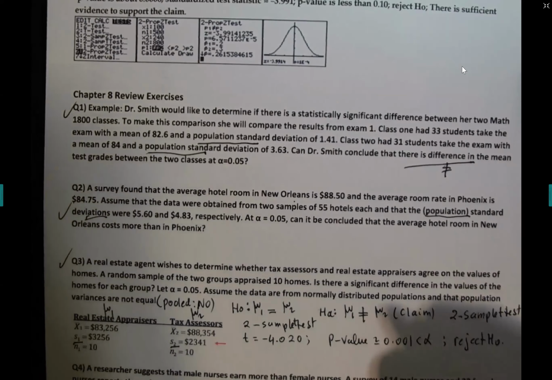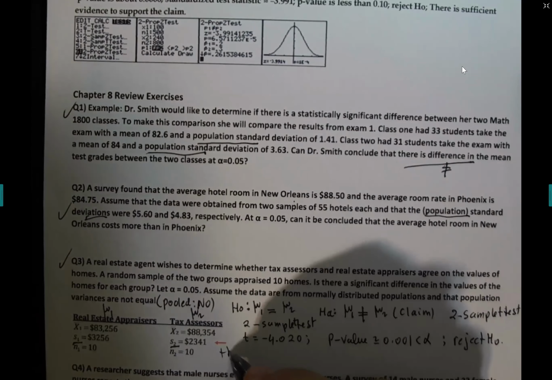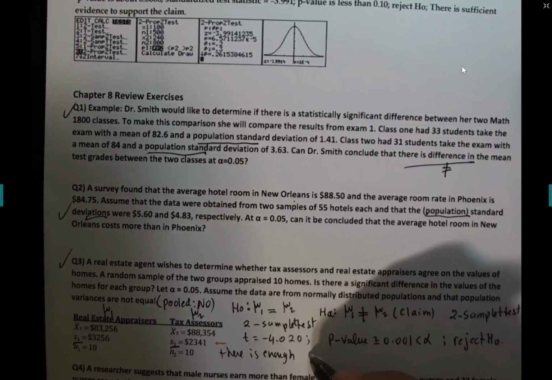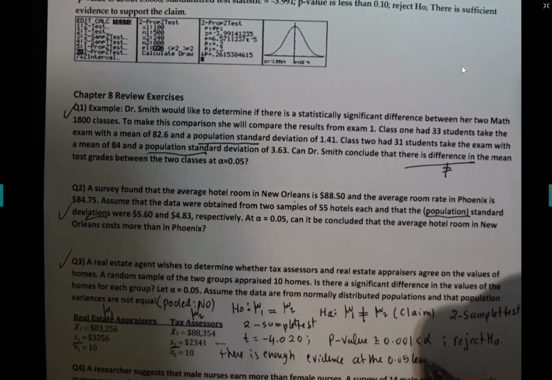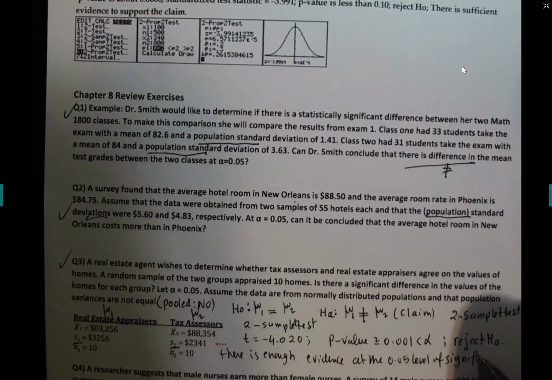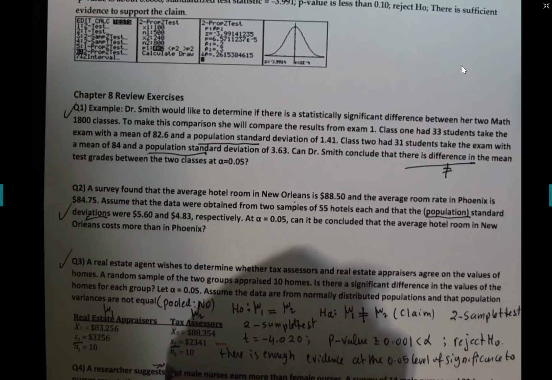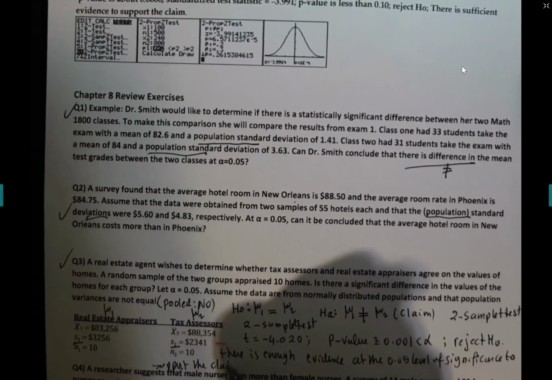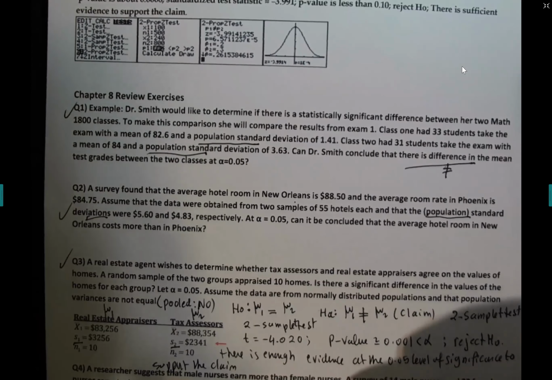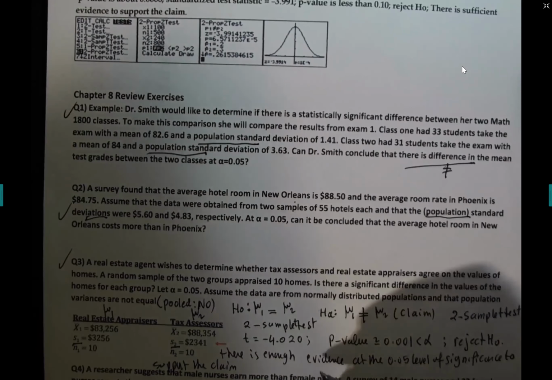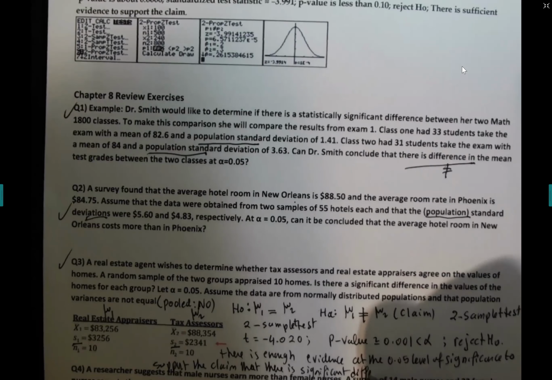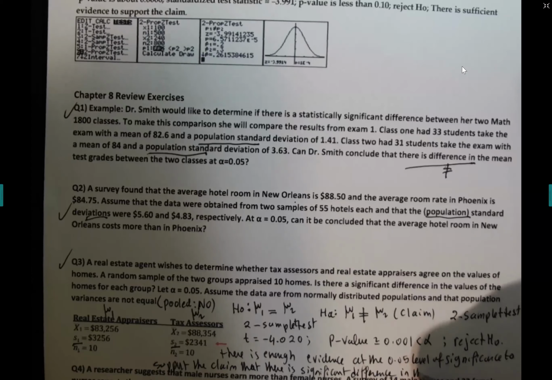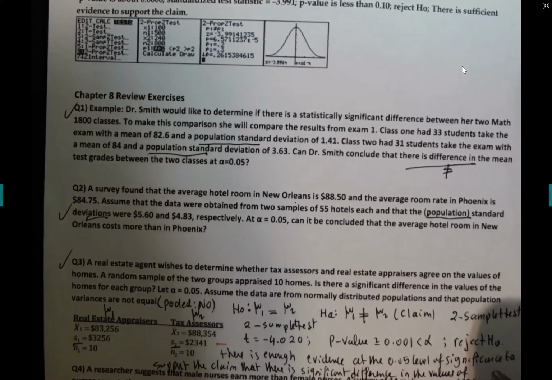And what is the conclusion? If you reject H0, you support HA. There is enough evidence at the 0.05 level of significance to support the claim that there is a significant difference in the values of homes between the two groups.